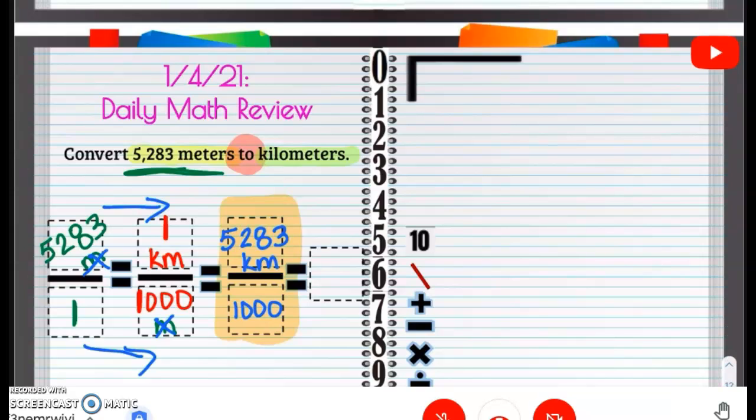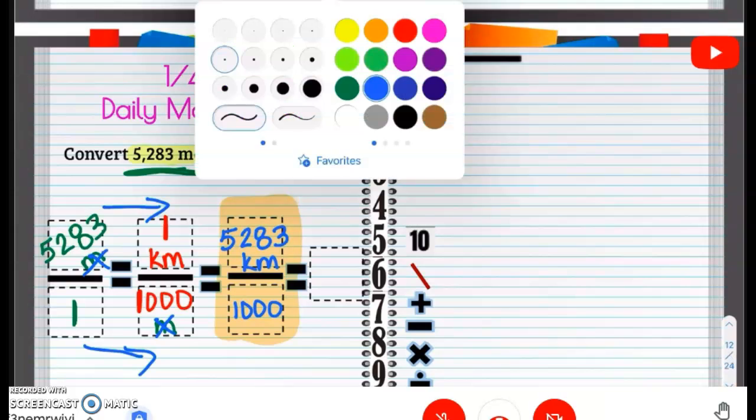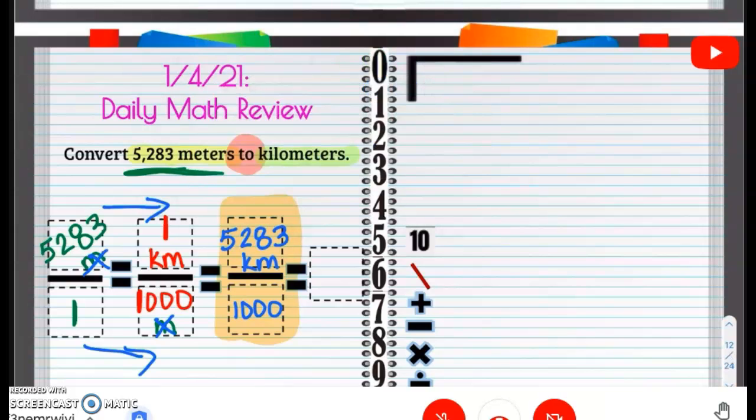If you use a calculator for this, because it's a bigger number, 5,283 divided by 1,000, you are going to get 5.283, and we're going to keep those kilometers.